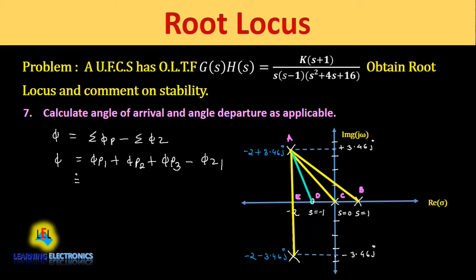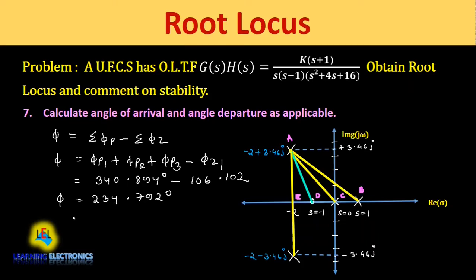Now we will put all the values here. When we sum up phi P1, phi P2, phi P3, we are getting 340.894 degree, minus phi Z1, which is 106.102. Final phi will be equal to 234.792 degree.